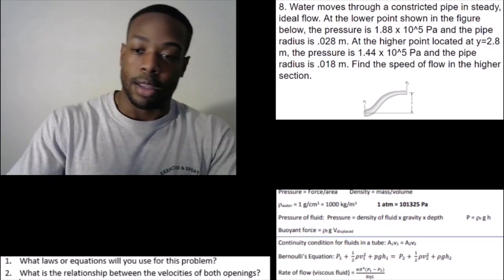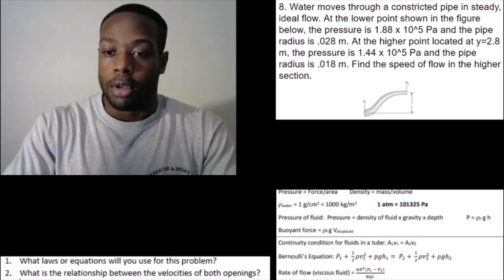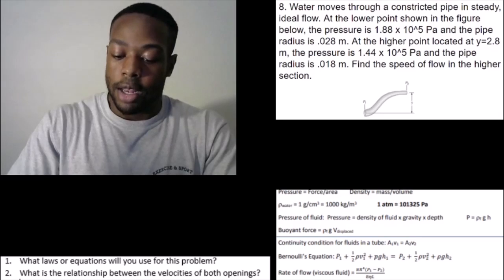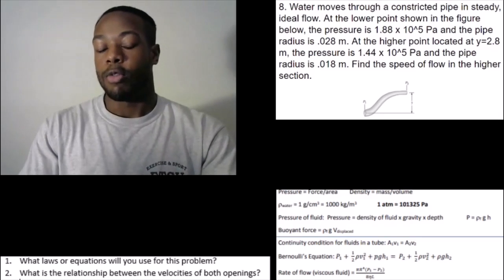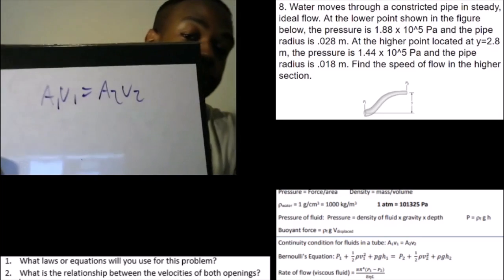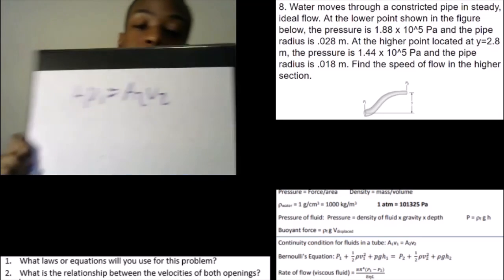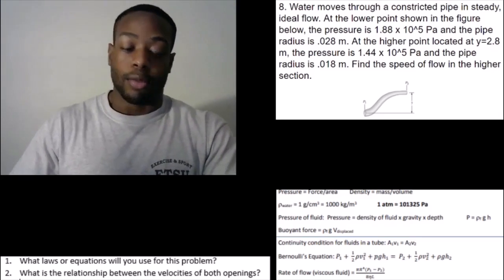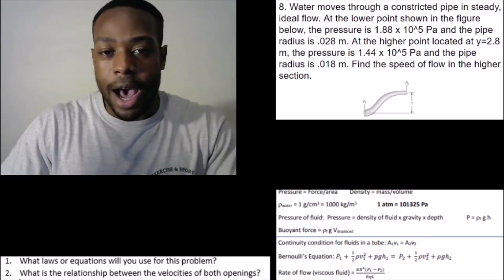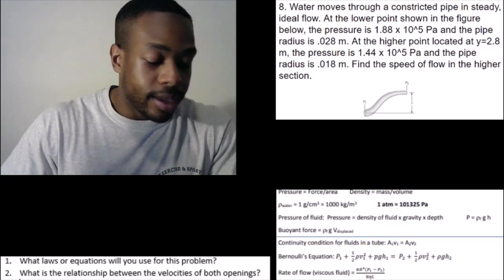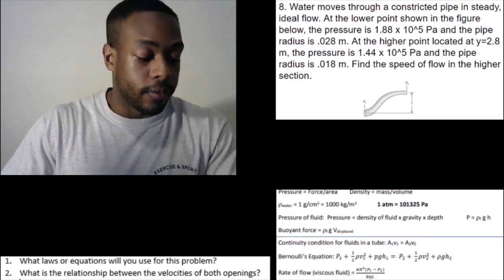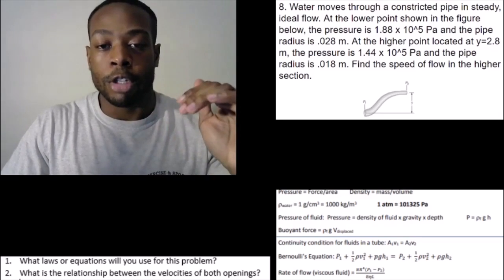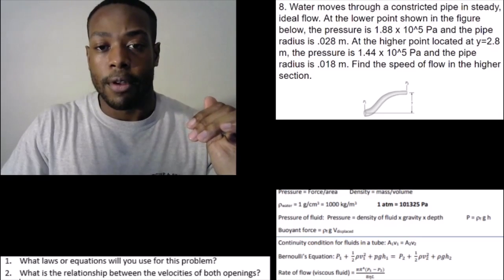So that's going to be A1 V1 equals A2 V2. So area 1 times velocity 1 equals area 2 times velocity 2. And we're looking for the speed at the higher section, so we're going to solve for V1 and make the larger equation in terms of V2.